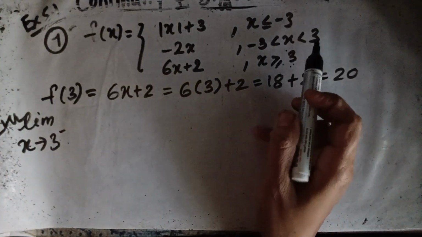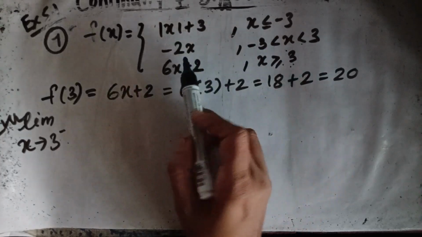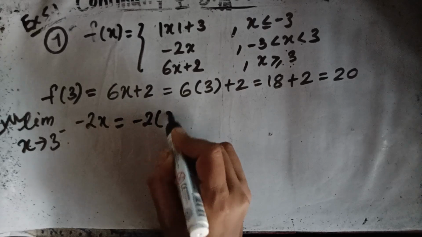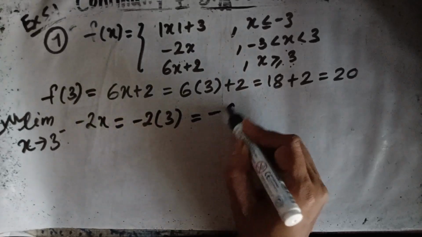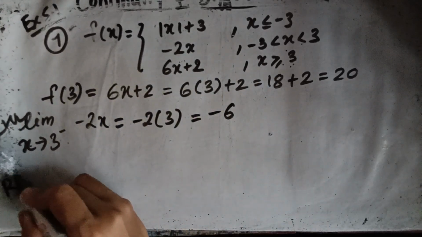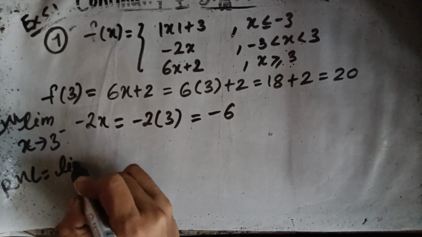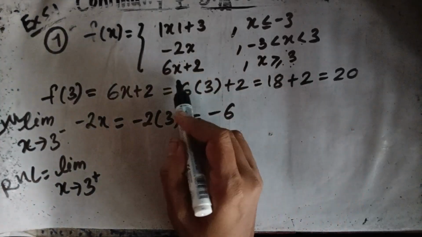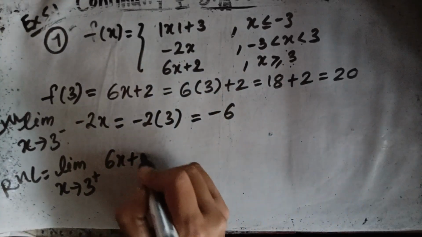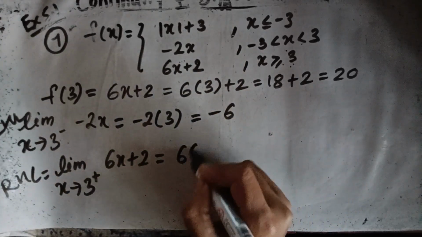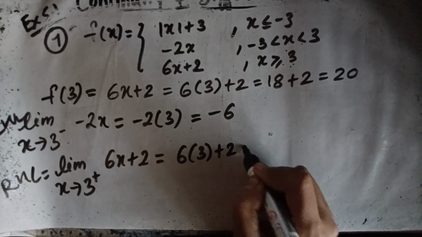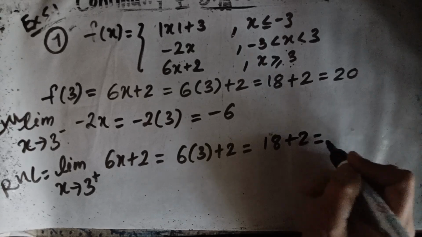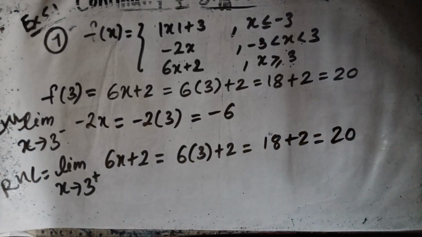For 3 minus, this is your left hand side, so you have to take this function. For the RHL, the limit as x tending to 3 plus, you have to take 6x plus 2.